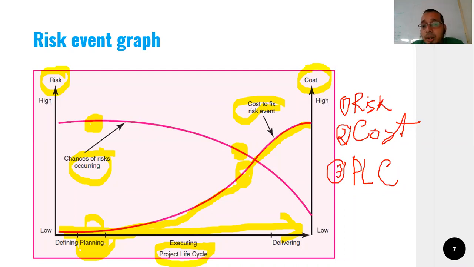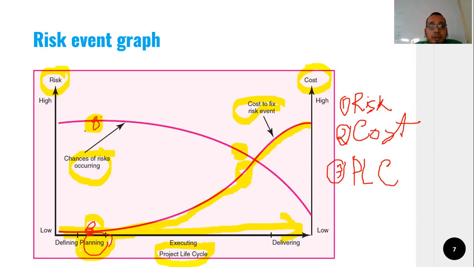So what is the association? If we can identify risk at the early point, I mean at the planning point, we may incur low cost, even if the chances of risk are high.